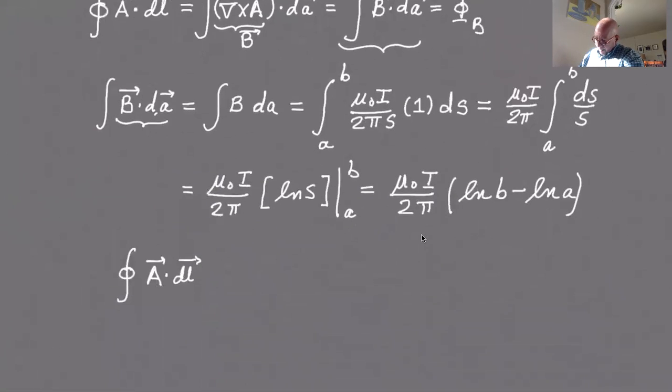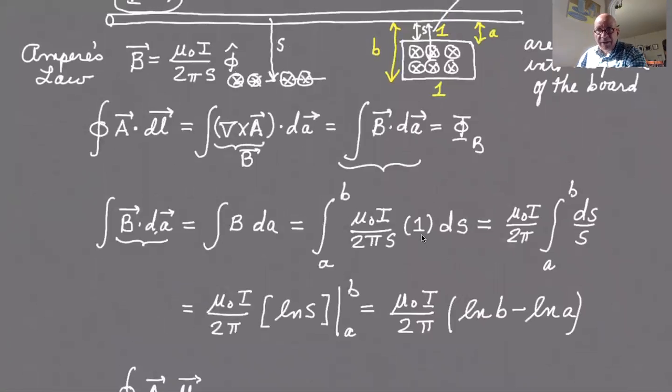So if we go around this loop of wire, then what we want is the following, okay? So let's get a different color going here. So here is the direction that we want to go around this wire, okay?